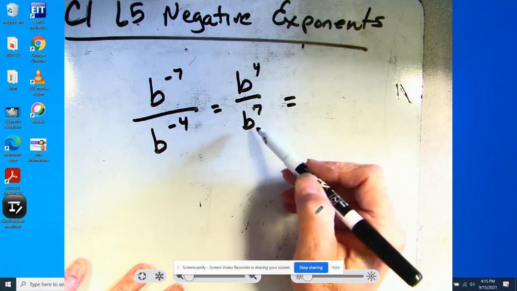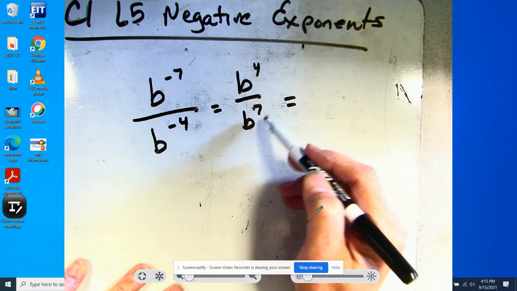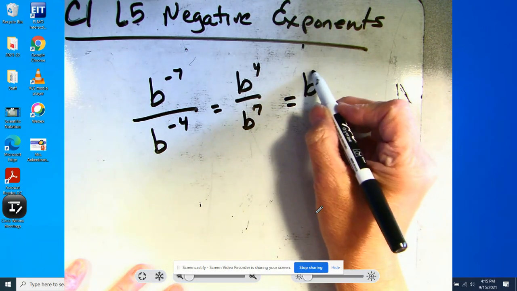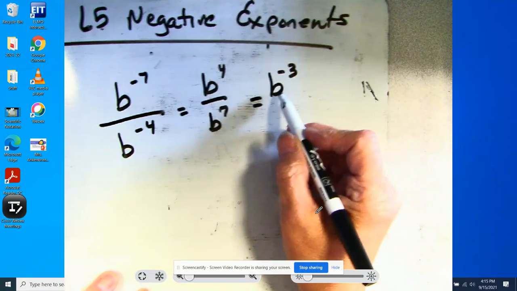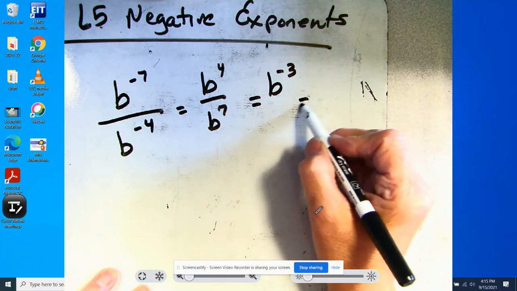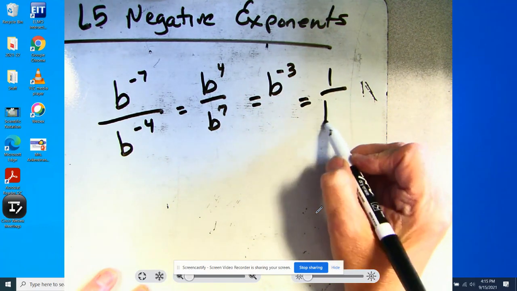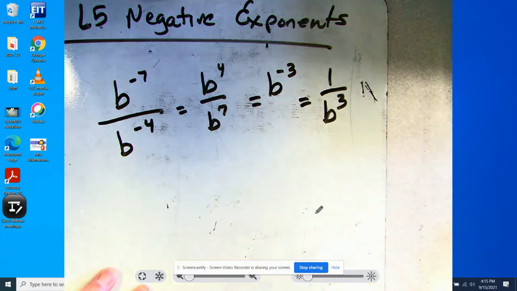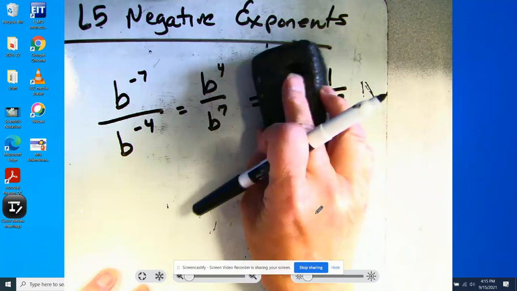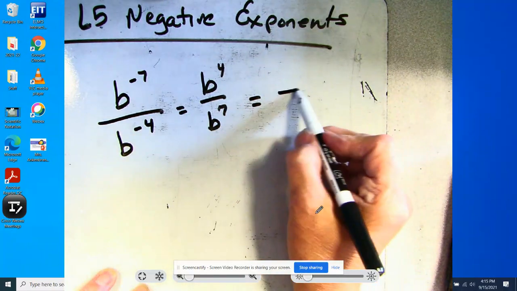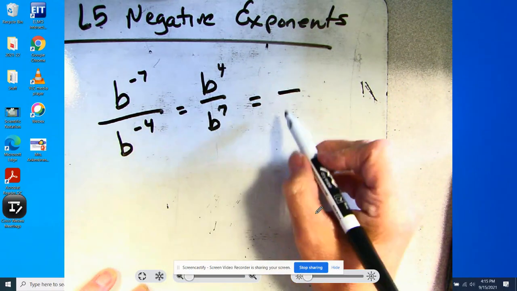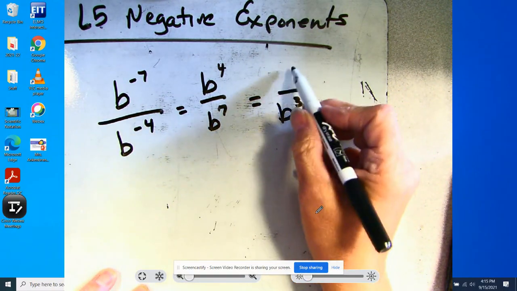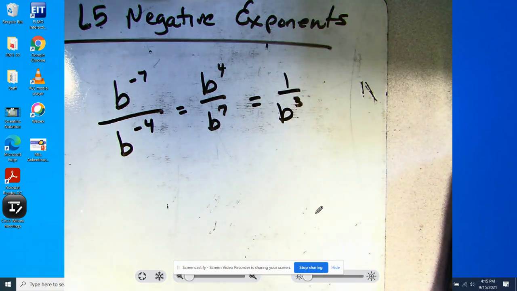Since we subtract them, 4 minus 7 would be b to the power of negative 3. But since we can't have a negative exponent, we now have to flip it over and make it 1 over b to the power of positive 3. Could we have done this a little different? Sure. We could have said 7 minus 4 is 3. There's nothing on top, so I put a 1. You could have saved yourself the 1 step, but that would be the answer.